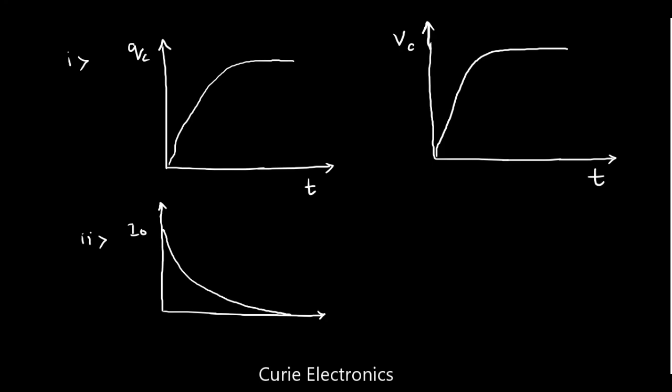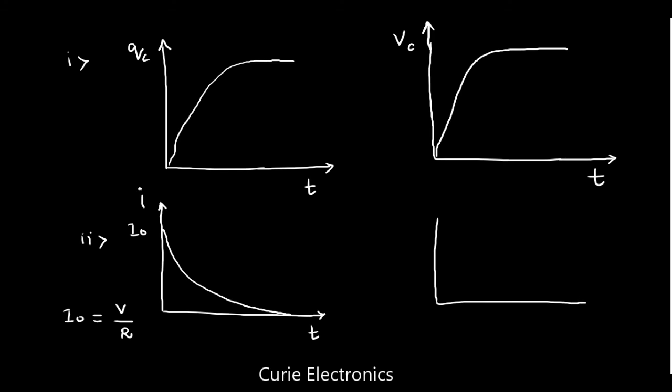That means the maximum current I naught flows in the circuit at the instant when we turn on the switch. This is with respect to time. So what is the maximum value of current that can flow in the circuit? That is I naught equals the potential we applied upon the series resistance.